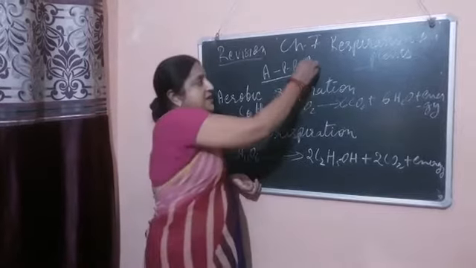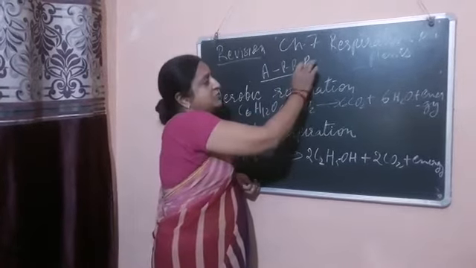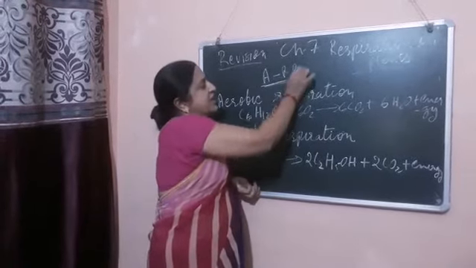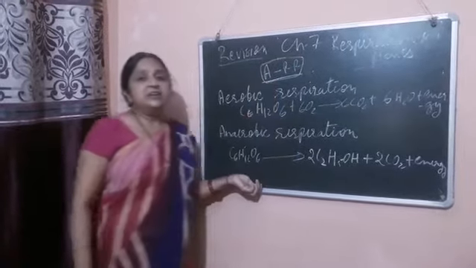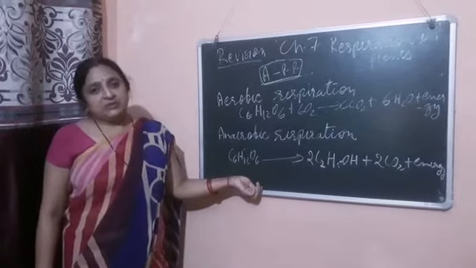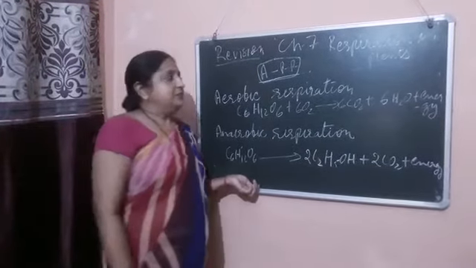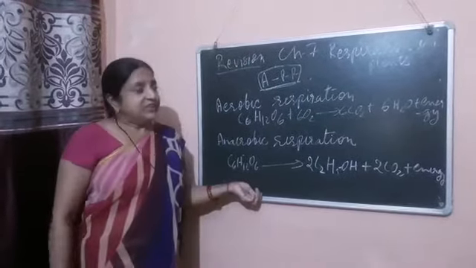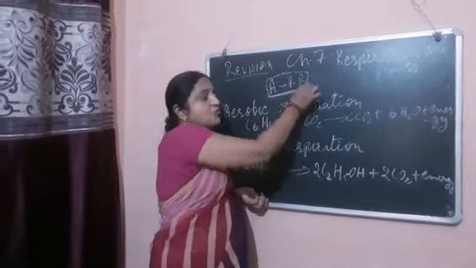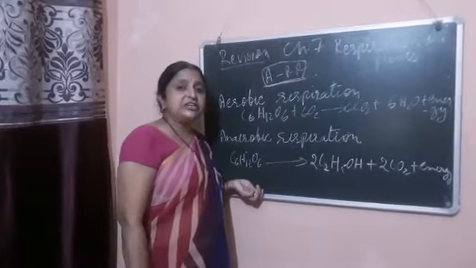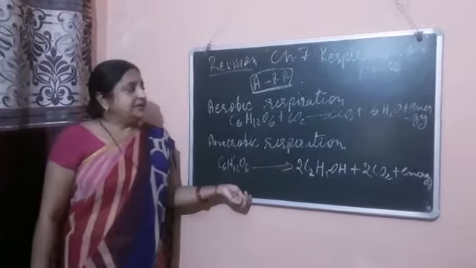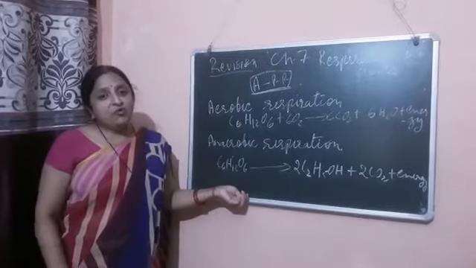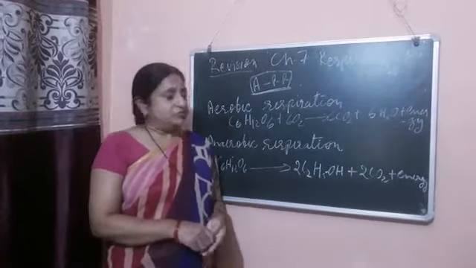When it attaches with the glucose molecule, it again becomes adenosine diphosphate, and it is the inactive form of the energy. It is also called energy currency, adenosine triphosphate. And the energy which is released is in the form of ATP.